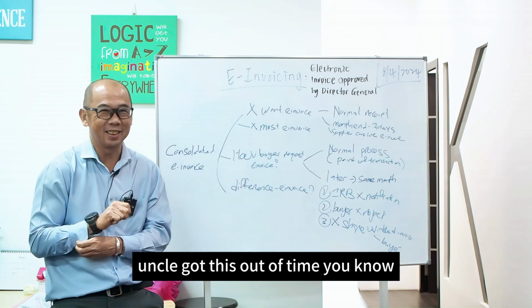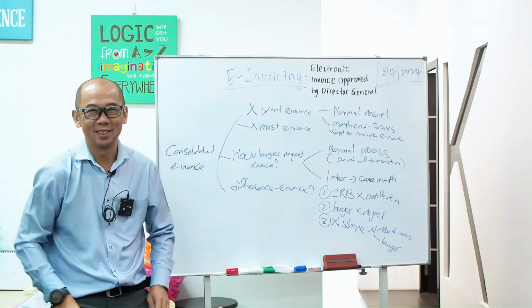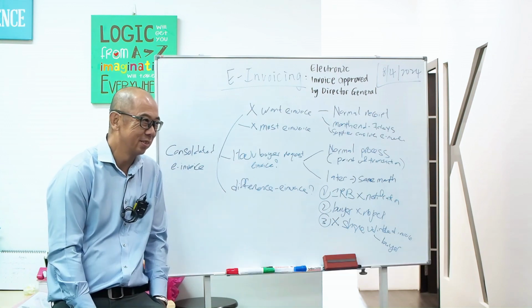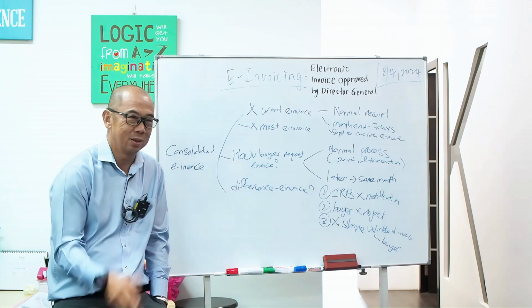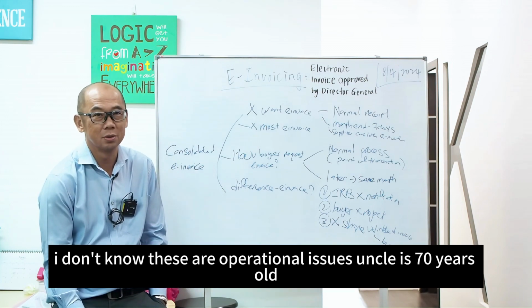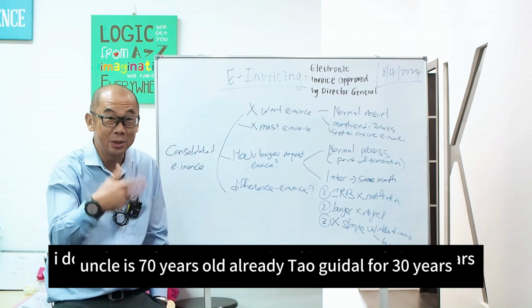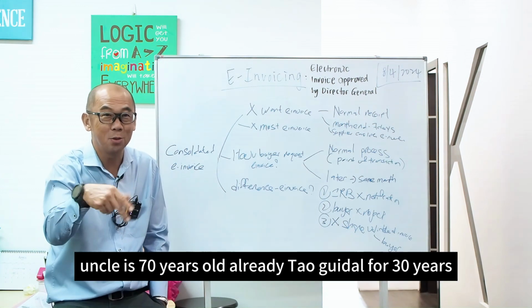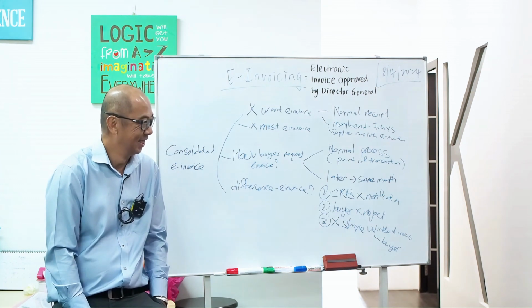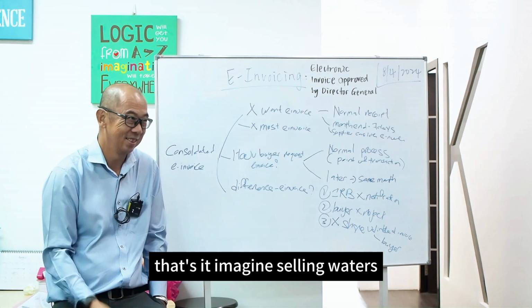You think the uncle has this kind of time or not? I don't know, these are operational issues. The uncle is 70 years old already, selling chao kway teow for 30 years. Understand?